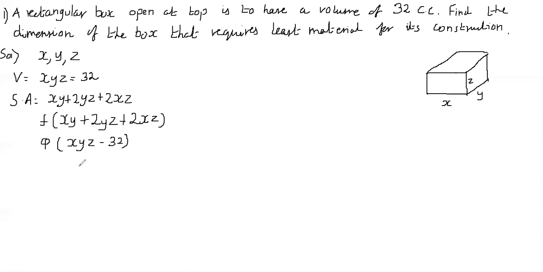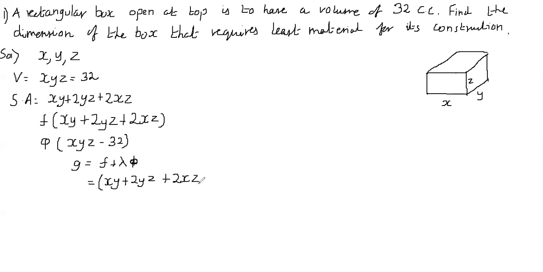So in this we have to apply the auxiliary equation. What is the formula for the auxiliary equation? g is equal to f plus lambda times the constraint. What is f? f is nothing but xy plus 2yz plus 2xz.